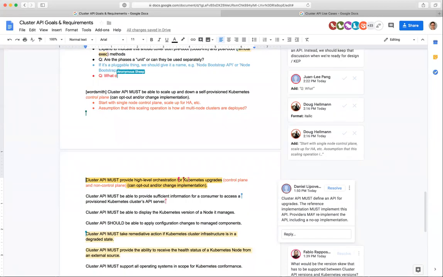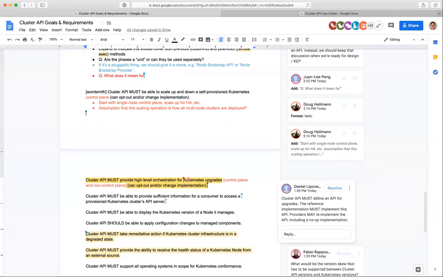I would expect there to be a reference implementation for upstream Kubernetes, and other providers could do different implementations, either for upstream Kubernetes if they want to do it differently, or for vendor distributions as well. Does that answer your question?